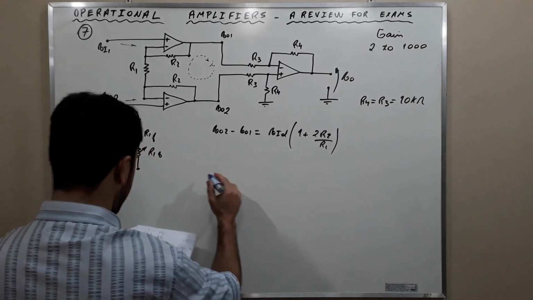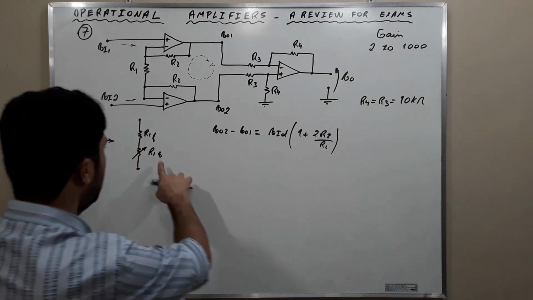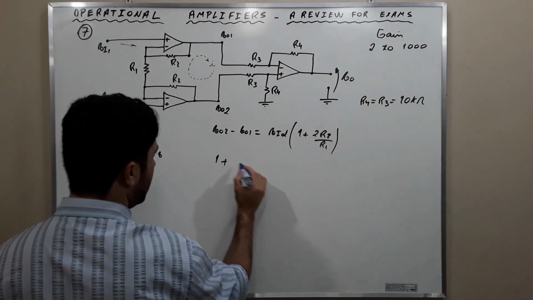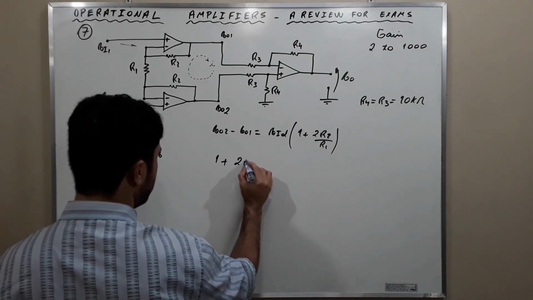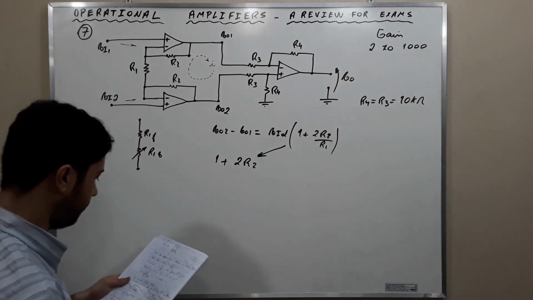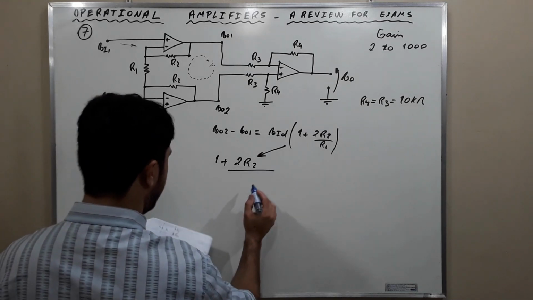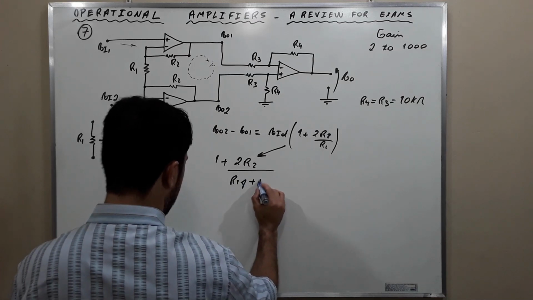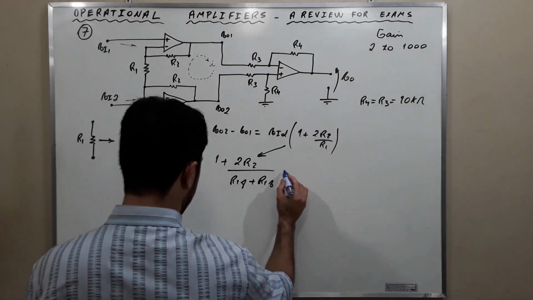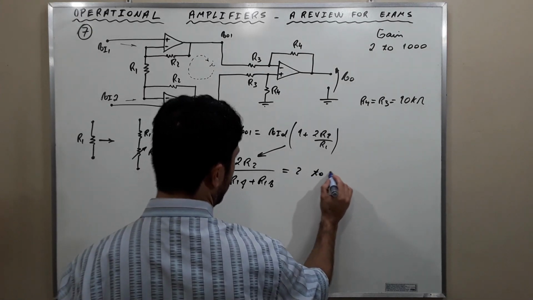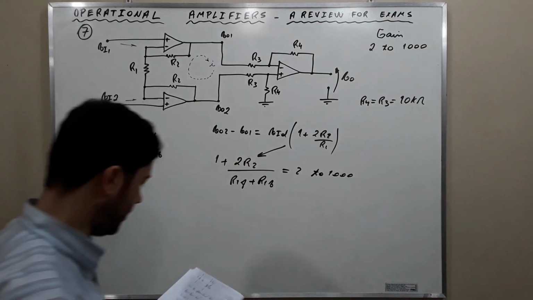Replacing R1 by R1F and R1V, we get 1 plus 2 times R2 over R1F plus R1V, and this has to be equal to 2 to 1,000.